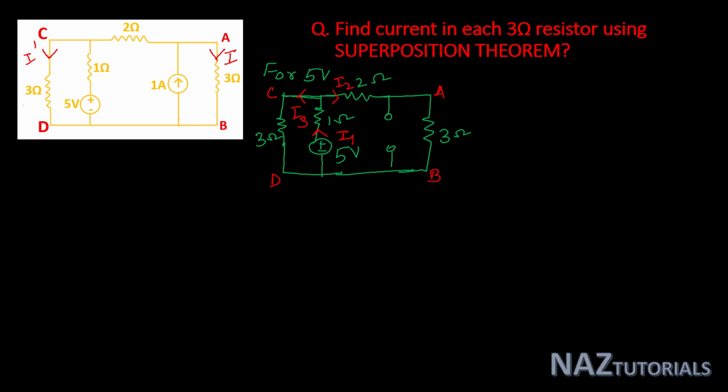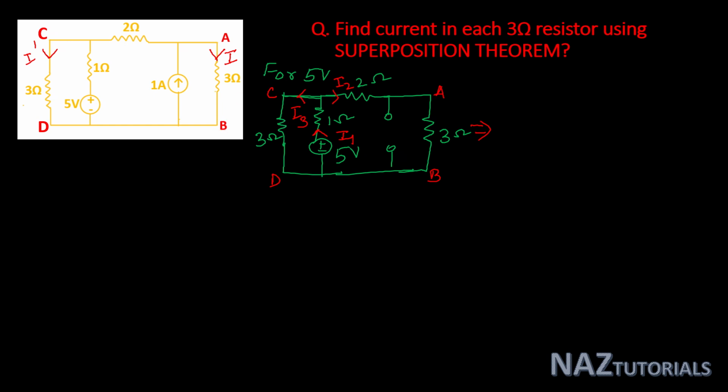We can easily find these current I2 and I3 by current divider rule. So for the current divider rule, we will make the equivalent circuit for total currents. So if you see this circuit, there is two branches, 3 plus 2 in series, and which is parallel with 3 ohm.